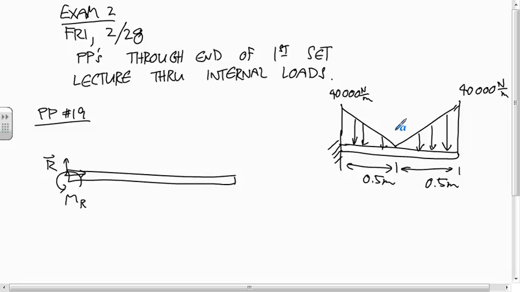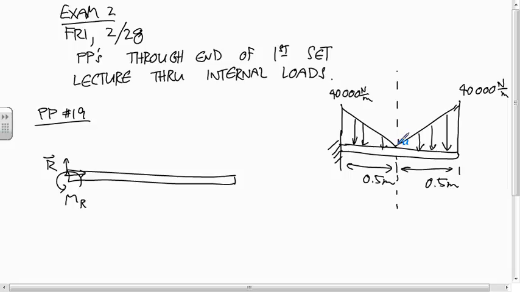We don't care right now about vertically where the centroid is. We only care left to right where the centroid is. Well, notice that this shape has a line of symmetry through there. And so for the first part of this problem, where you're just trying to figure out the point force representing these two triangular distributed loads, the centroid has to be on this dotted line. And so you can just skip the step of calculating the centroid and just go right to calculating the sum of the areas of these two things. You know that the point force is going to act at the middle of the beam. Does that make sense?